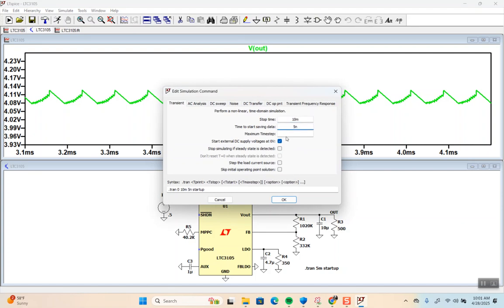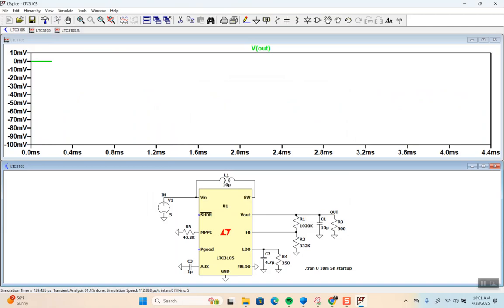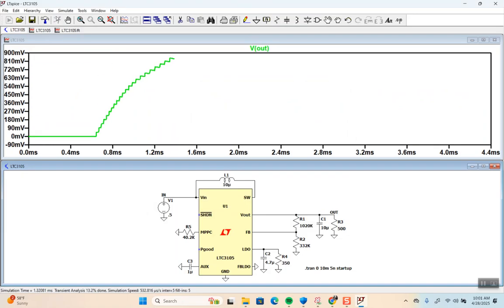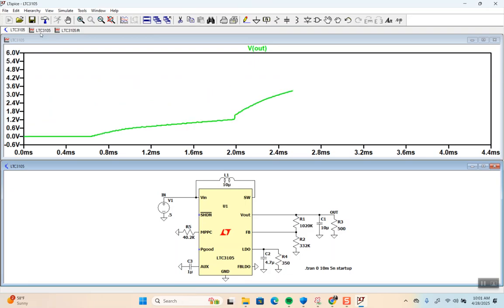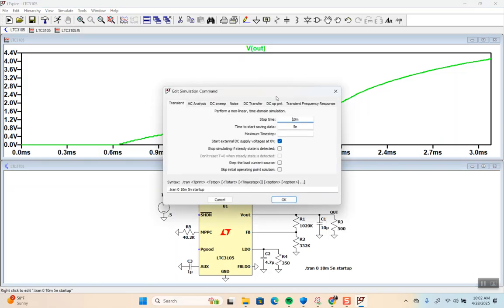And let's run this one more time. Oh, I screwed up. Saved it at 5 nanoseconds, not 5.